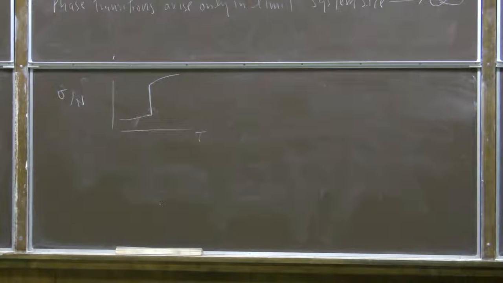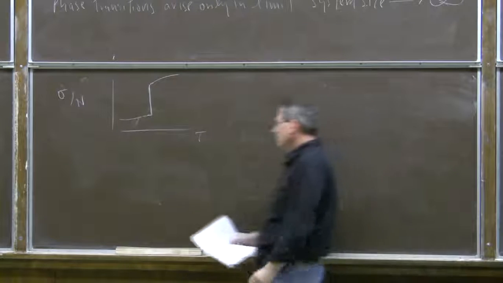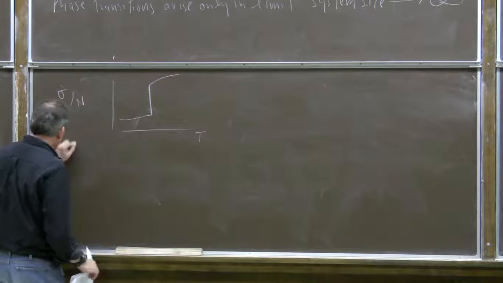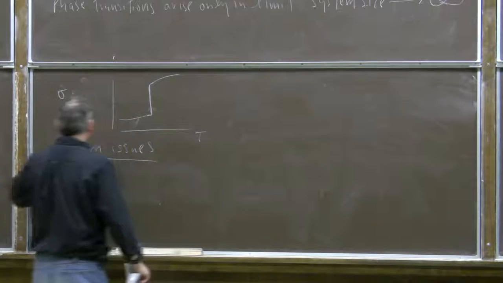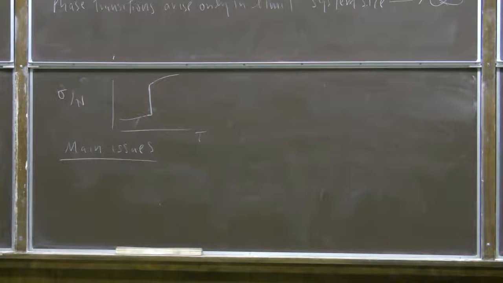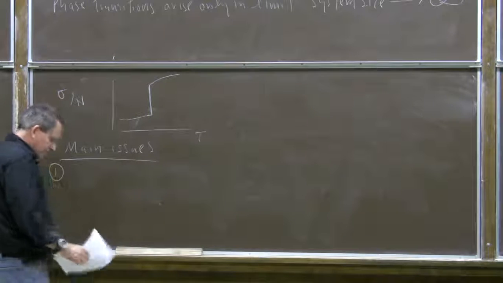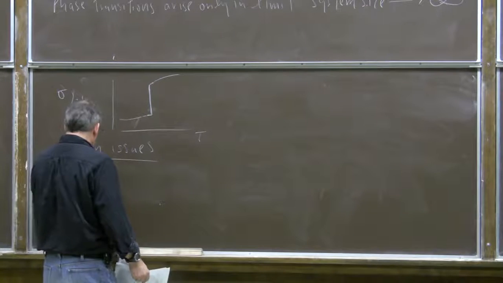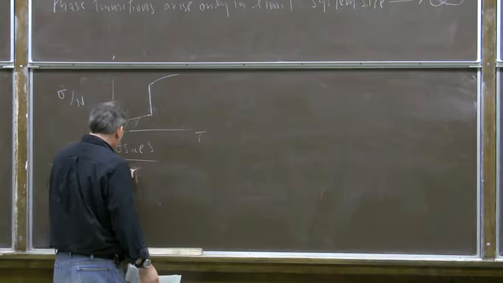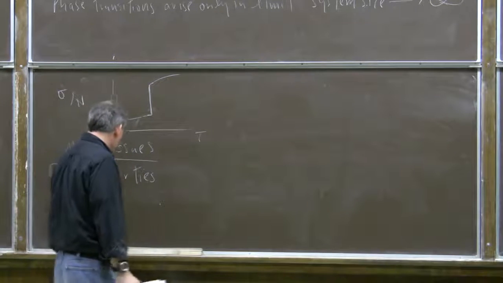So there are a lot of things to study concerning phase transitions, but there are two main issues. One is we'd like to understand phase transitions in a general way. What are the properties that follow from general principles, and don't depend so much on the microscopic details of the material or system we're studying?